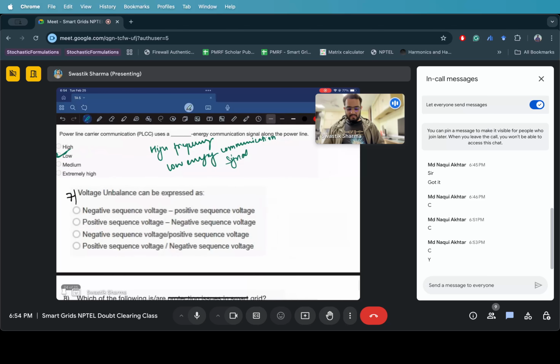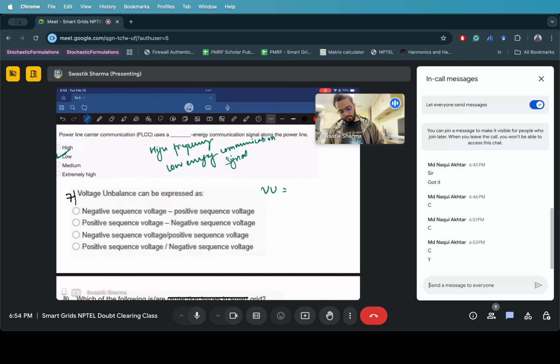Second, voltage unbalance can be expressed by, I told you, VU is what? What is the ratio of VU? So I told you already it's ratio. So these two can't be the correct answer. So what is the correct answer? Okay, so no one is telling why.